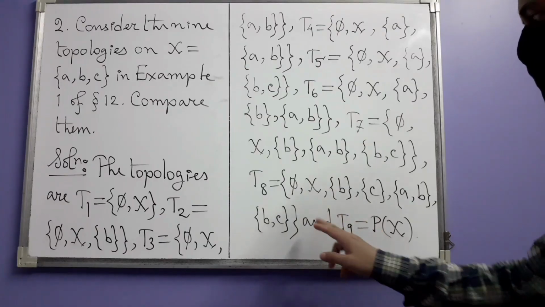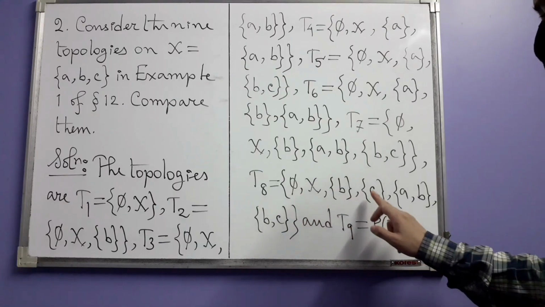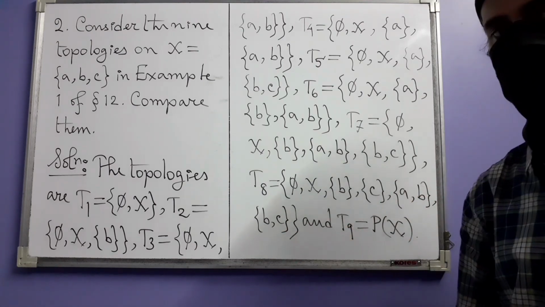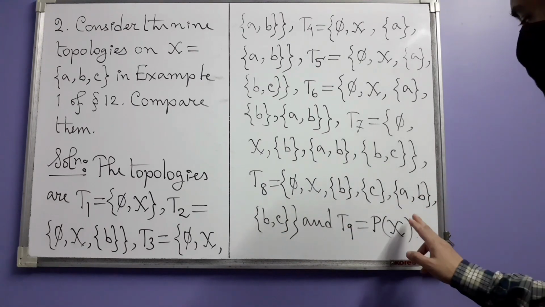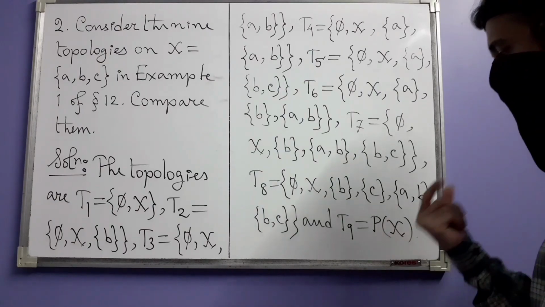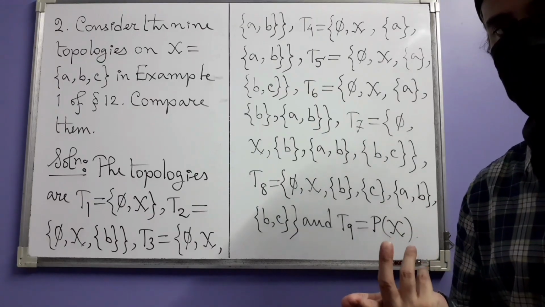T8 is even larger: the empty set, X, the singleton sets B and C, and the two element sets A, B and B, C. And T9 is the largest, which consists of all the subsets of X, that is, it's the power set of X. And now let us see what the comparisons are.